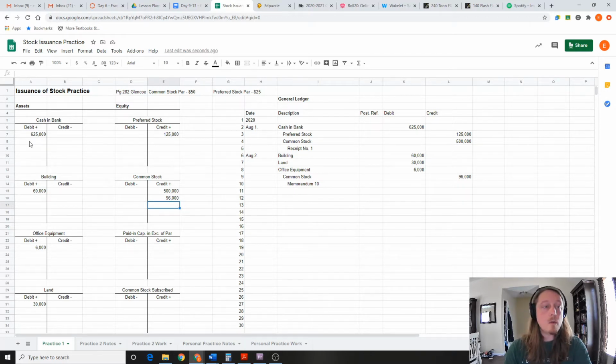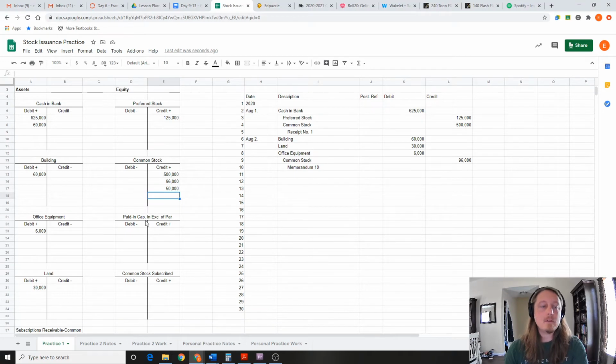So although we're getting $60,000 in cash, so here I'm going to put $60,000 in cash in bank, I'm actually only issuing $50,000 in common stock, because there are 1,000 stocks times its value of only 50. So I'm only issuing 50,000, but this isn't balanced. So I need another 10,000 to go somewhere.